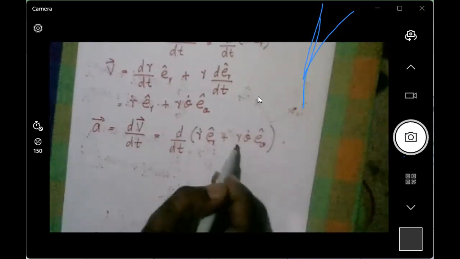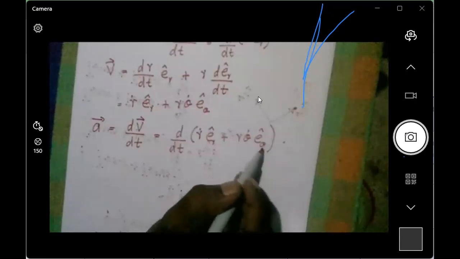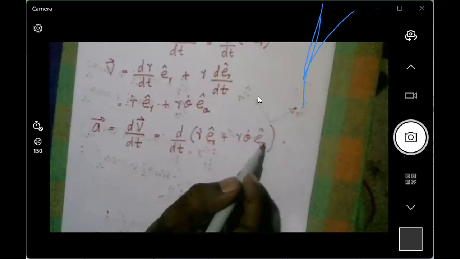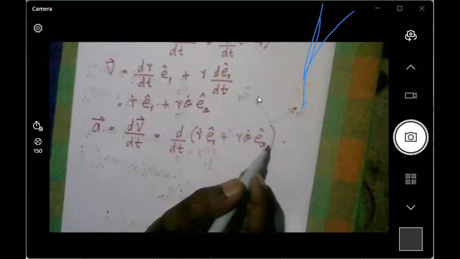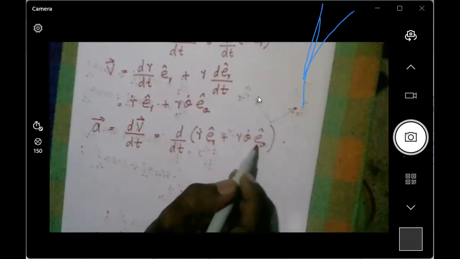Remember that in this case, r is changing with respect to time, theta dot is changing with respect to time, as well as unit vector e theta is changing with respect to time. So you need to get the differentiation of all three of them.